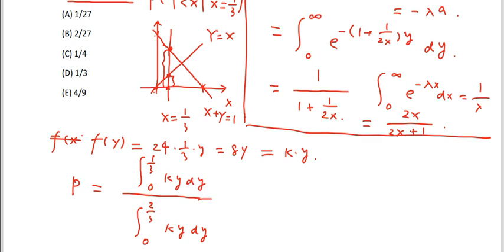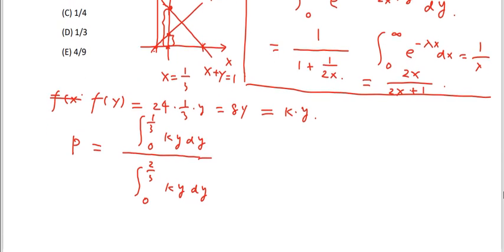From here we can see that we don't care about this k, we can cancel it. The integration of y dy is half y squared, so the top is half of 1 over 3 squared, and the bottom is also half of 2 over 3 squared.